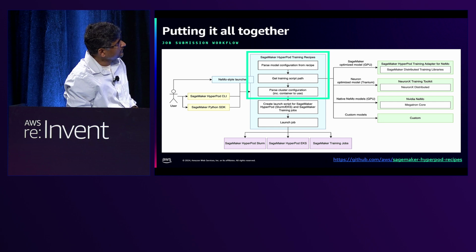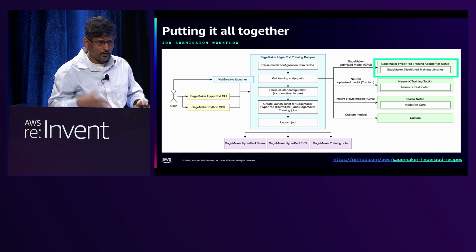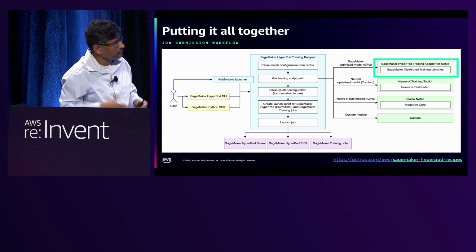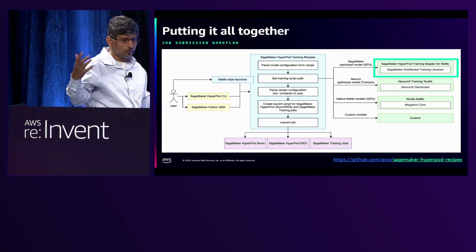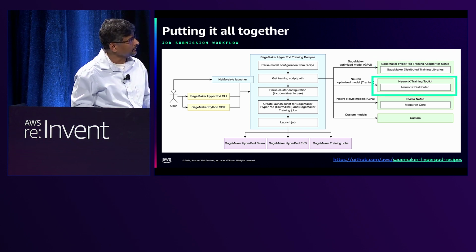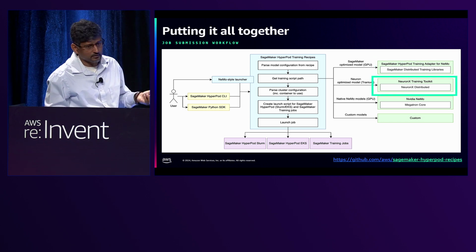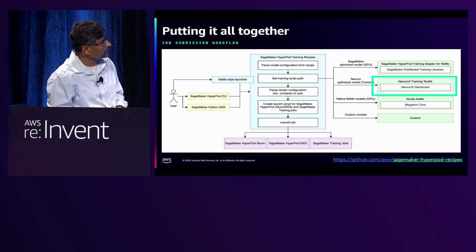First step we do is we parse the configuration to understand what it is you're trying to do. Now, if you are running on SageMaker HyperPod with GPU, then we will invoke the corresponding code that is used to generate the training loop for GPU. For Neuron, we invoke the Neuron distributed training toolkit, because we kind of leverage recipes that are already pre-built over there.